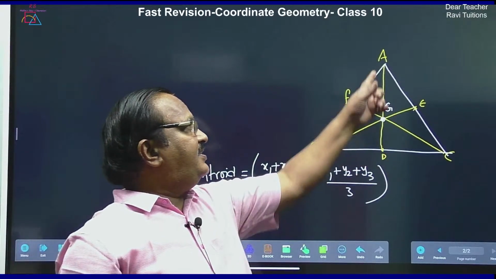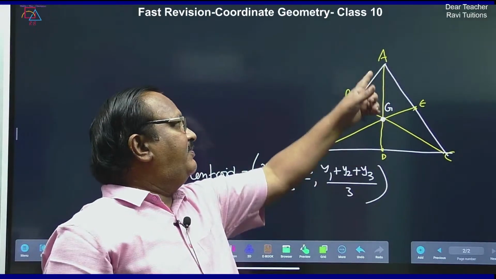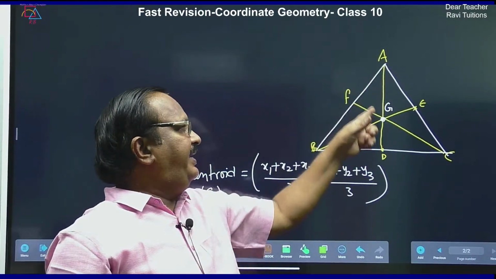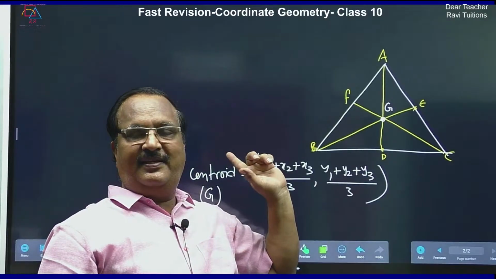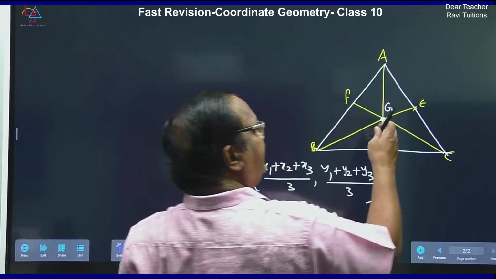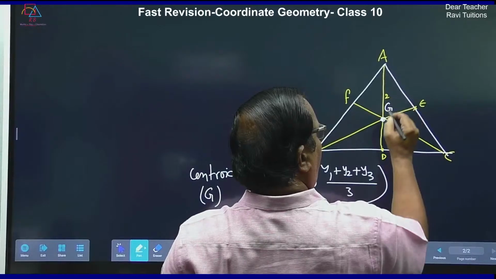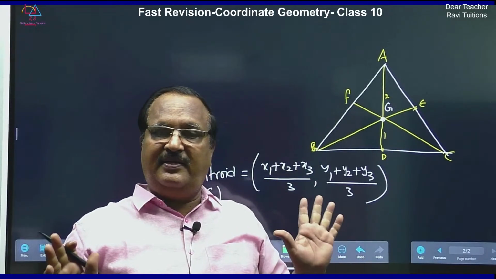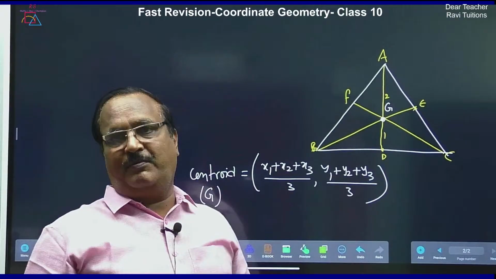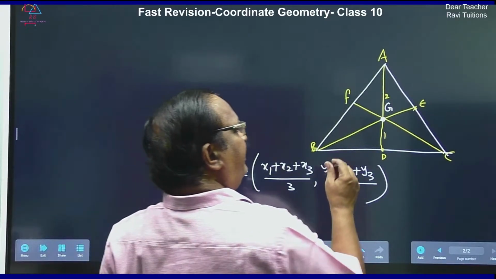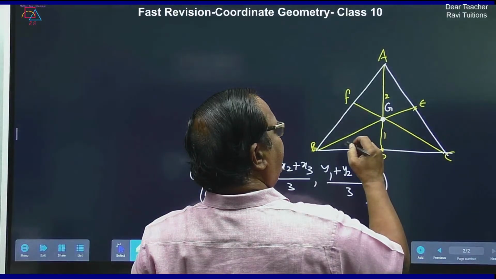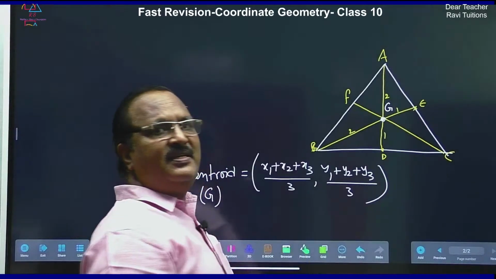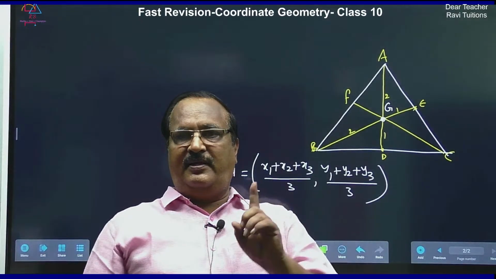G is dividing each median into two parts. For example, take AD: AG is to GD, AG is 2 and GD is 1, a 2 is to 1 ratio. That is the standard result you can remember. In the same way BG is to GE, this is 2 and this is 1. That means G divides each median in the ratio 2 is to 1.